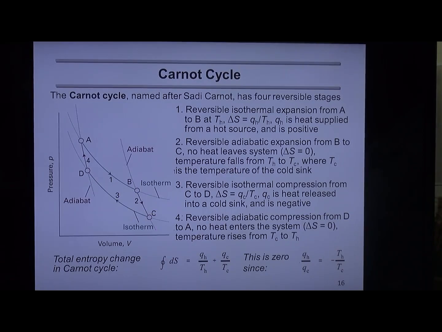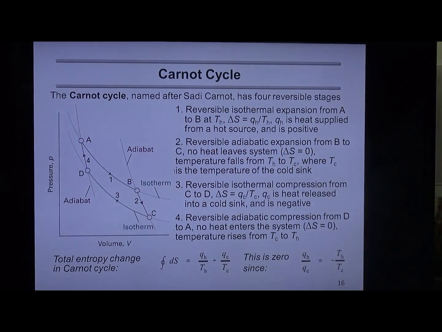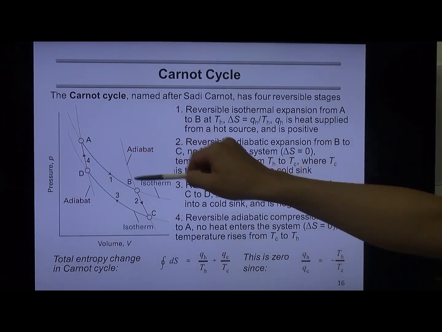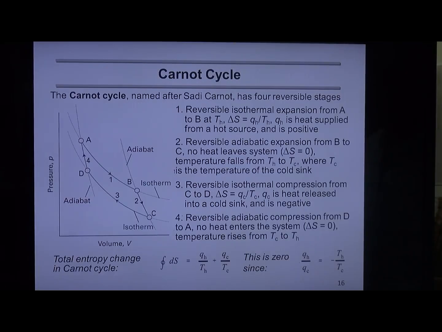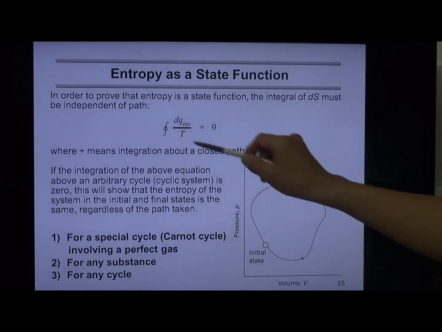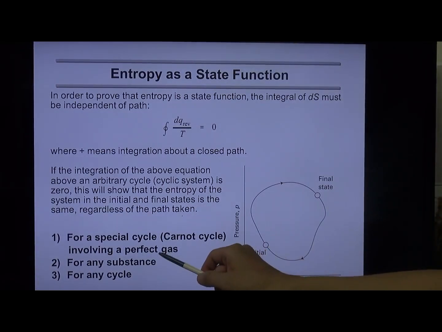So basically, the Carnot cycle or Carnot engine consists of 4 reversible processes. 2 of them are isothermal, and the other 2 are adiabatic. Okay. What we want to demonstrate is that for this Carnot cycle, the integral of dS is 0. So let's calculate the entropy change during this Carnot cycle for perfect gas.